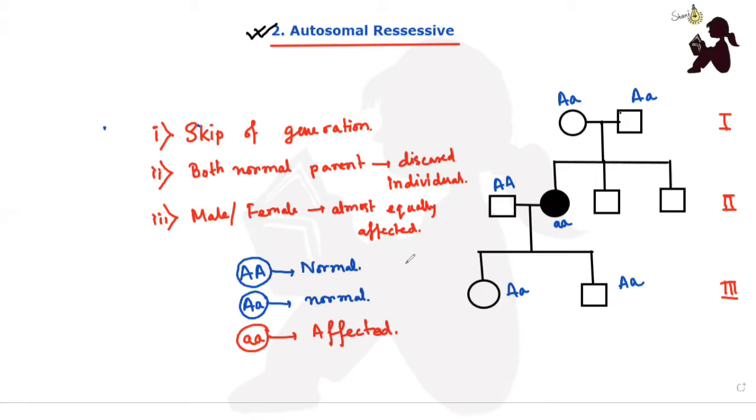So here we can see that two normal parents can produce a diseased individual, which is this one.